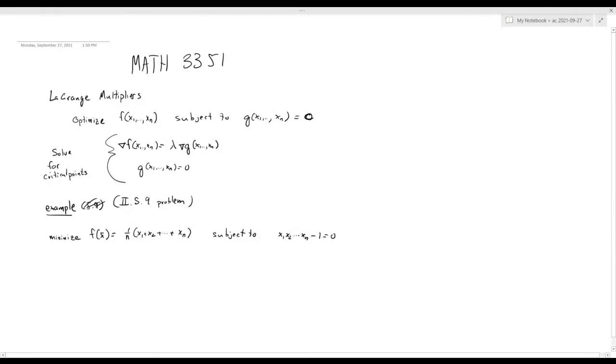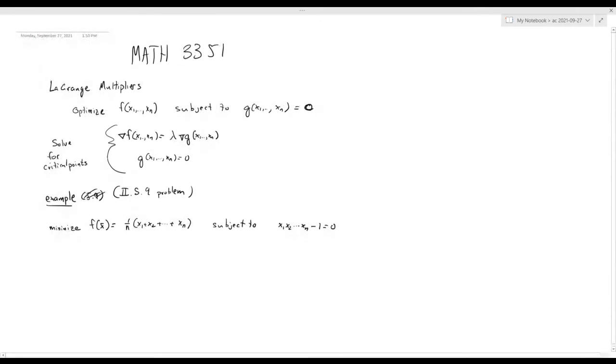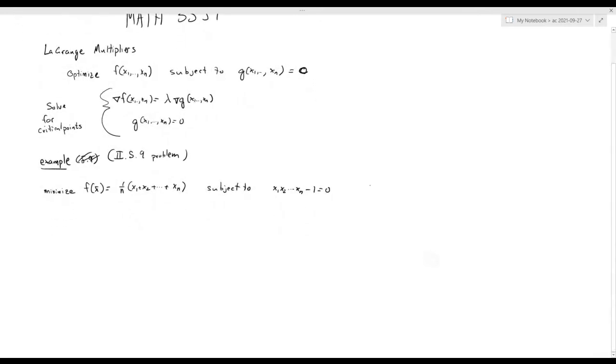That is, the product of the coordinates of your points has to be 1. With an additional condition, we'll say that we're going to be looking at positive xi's.